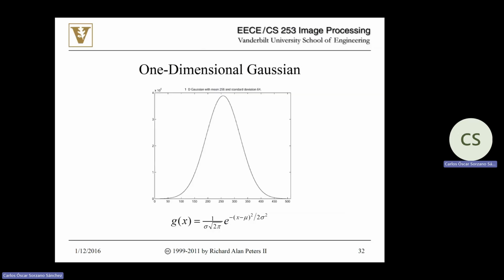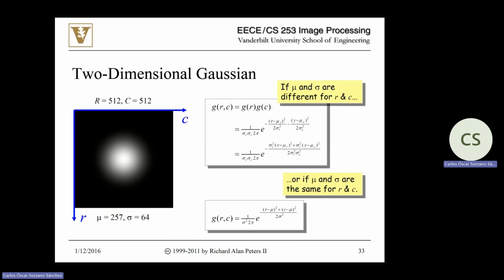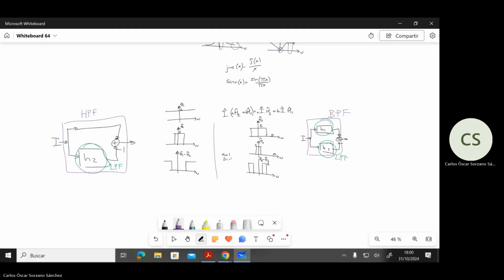This is the formula of the Gaussian, and this is the formula for the two-dimensional Gaussian. A 2D Gaussian, not always, but the ones we are interested in, can be factorized. So this is quite wonderful.